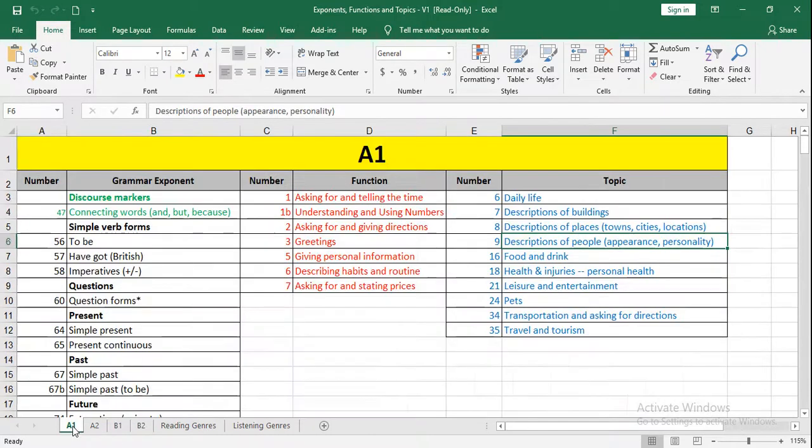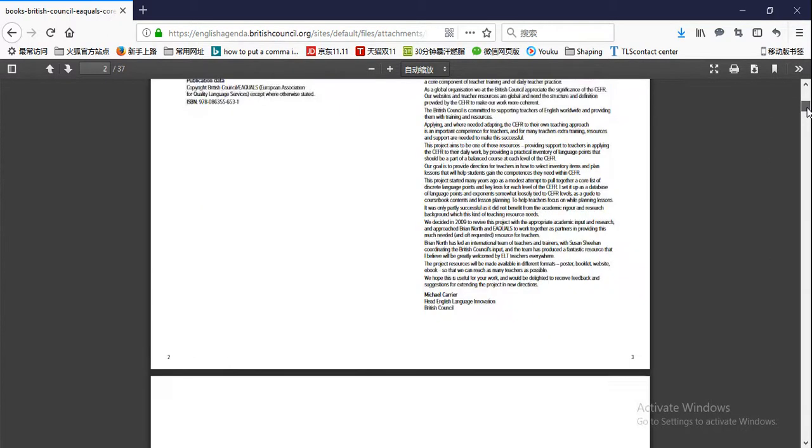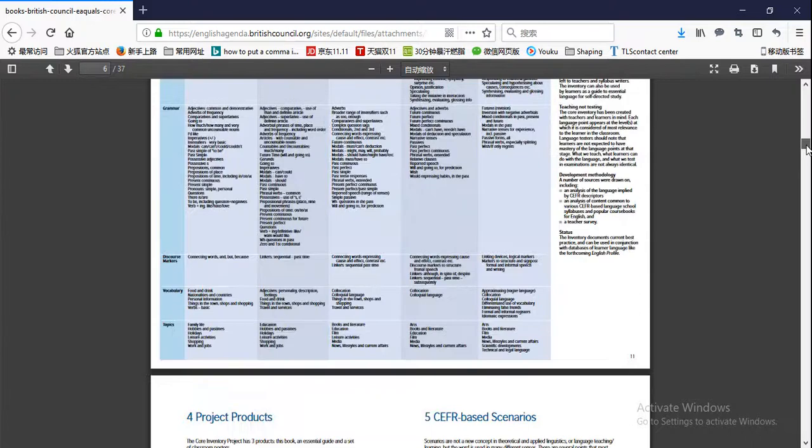So that's what we are referring to when we say something needs to be appropriate at a particular level. You can see there are numbers here. This is because this document is based upon the Equals Core Inventory, which is this document here, based upon the CEFR. And this is essentially going through what's appropriate at each level.